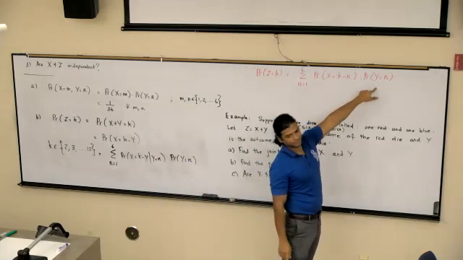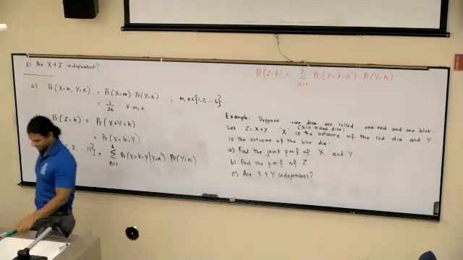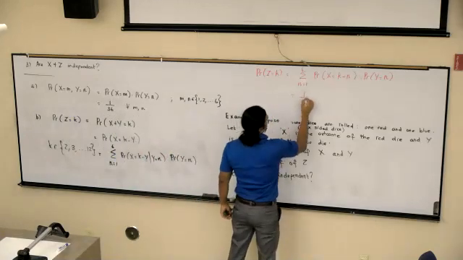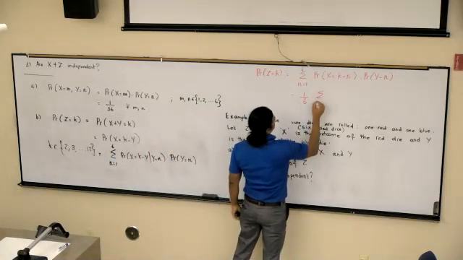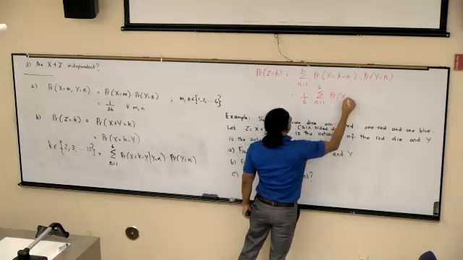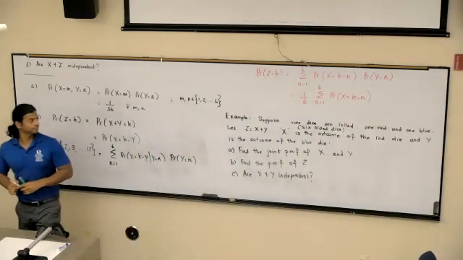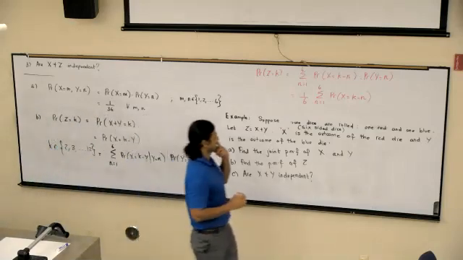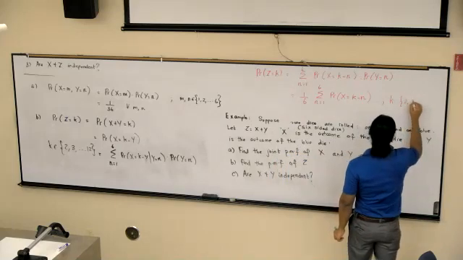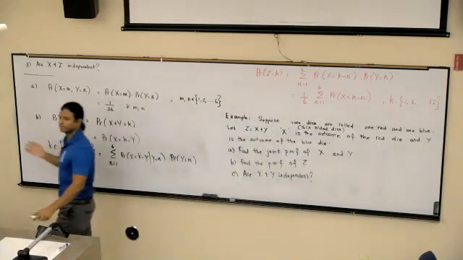But no matter what I plug in, that's going to be constant, correct? So 1 over 6, all the way up to 12.